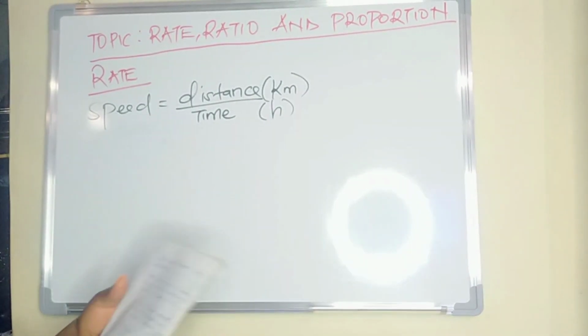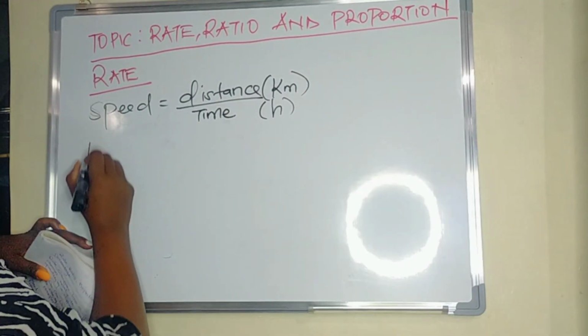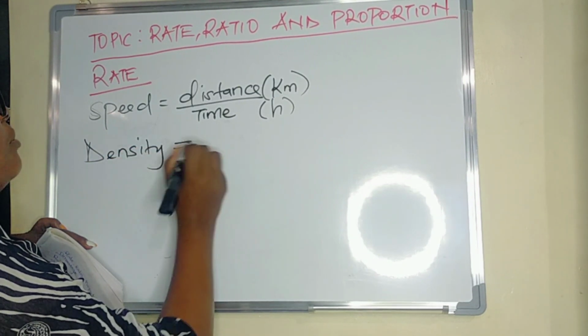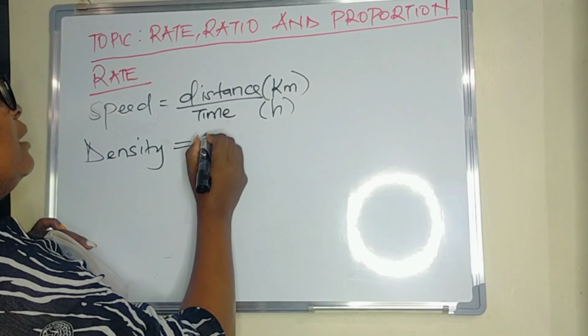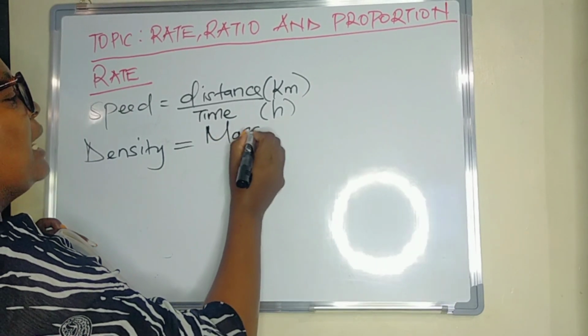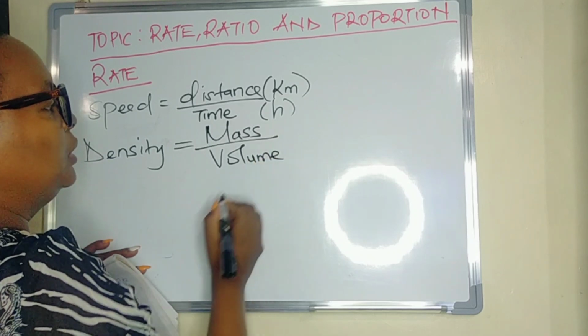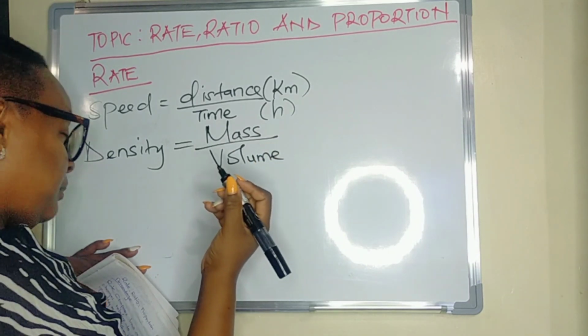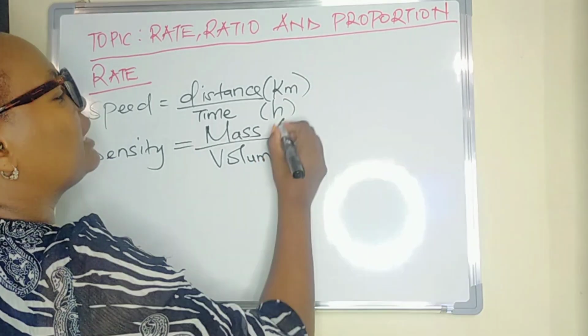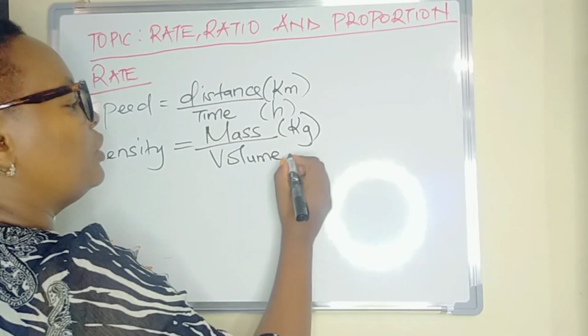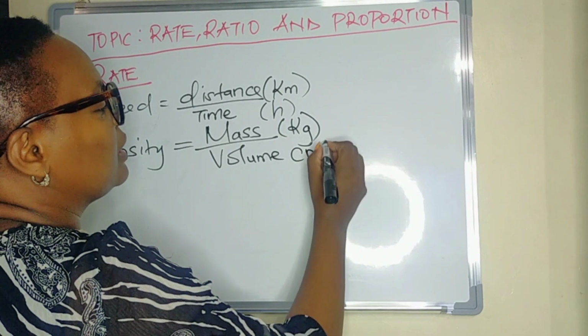Then we can also talk about density. Density is normally calculated by dividing mass by volume. The units for mass can be kilograms or grams, let's say kilograms, and the units for volume are centimeters cubed.